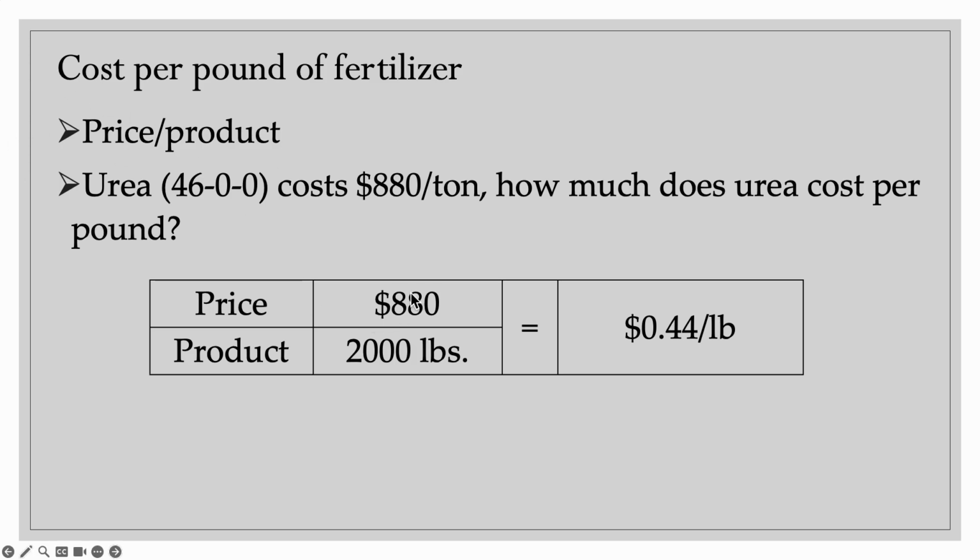Everyone seeing how we got that there? Very simple calculation. Basically, you're just dividing 880 divided by 2,000. And once you know the cost per pound, then you just multiply times the number of pounds that you need.